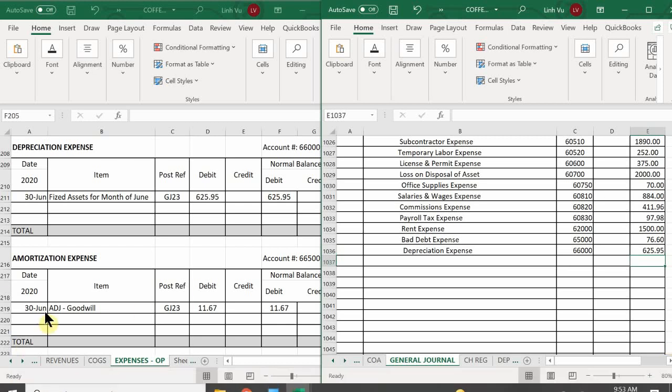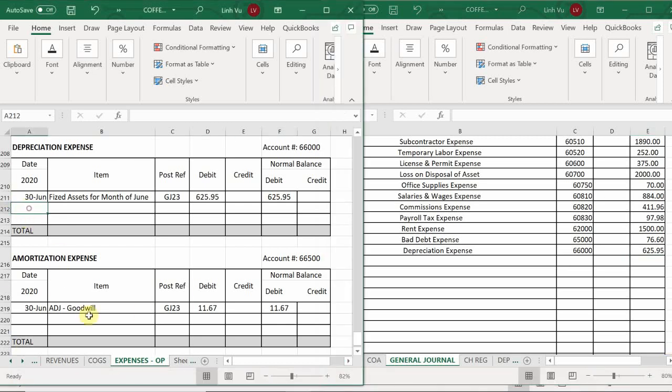Okay, so 625.95. We're gonna close this out, General Journal 25 for $625.95.